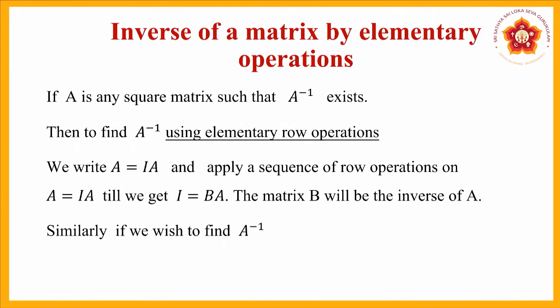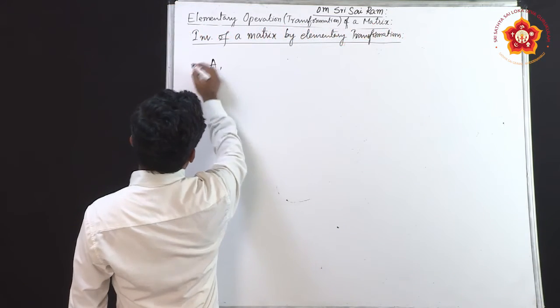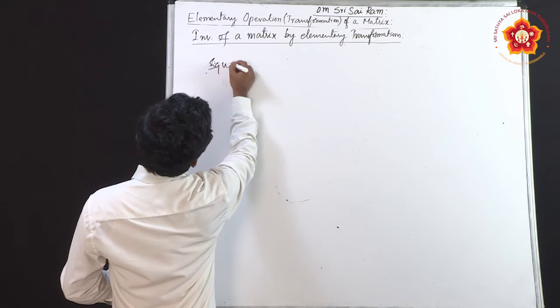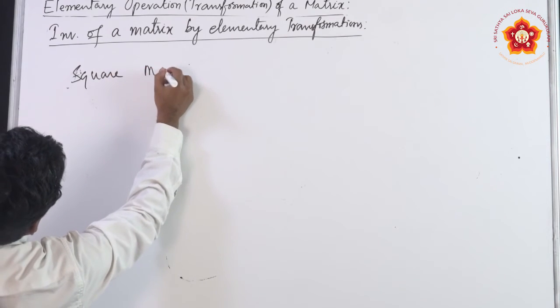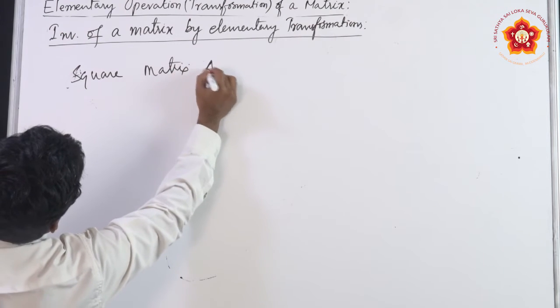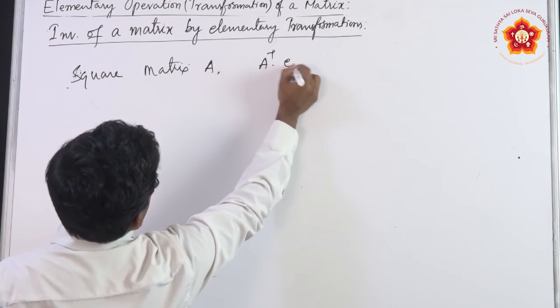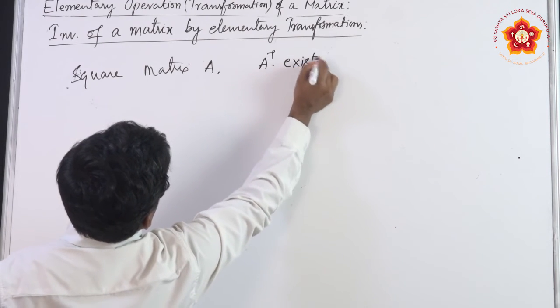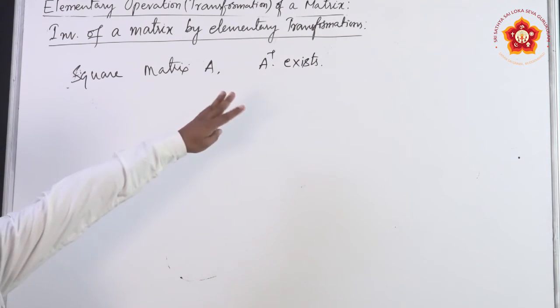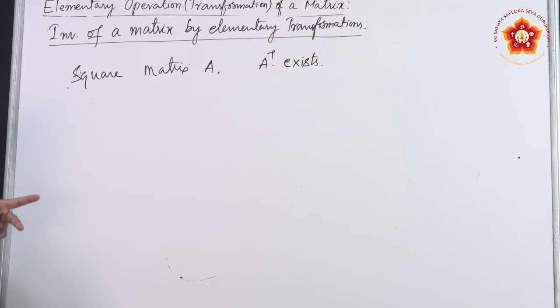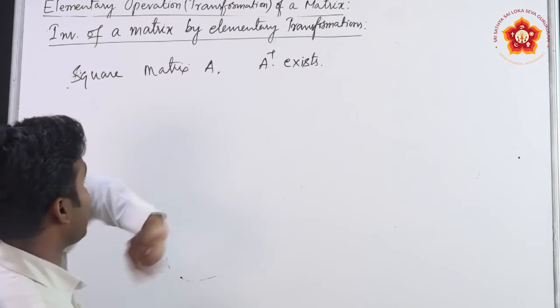Suppose we have a square matrix A, and A inverse exists, understand? Exists means it is defined. Now, if you want to find A inverse using elementary transformations, I can do it in two ways, one is row and the other is column transformation.